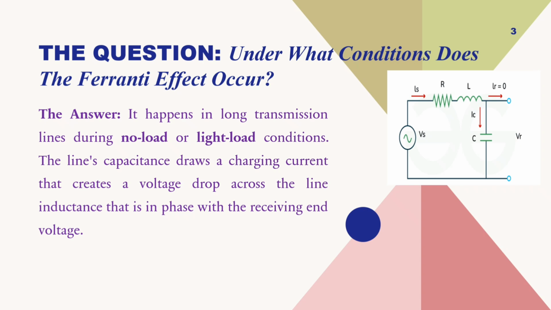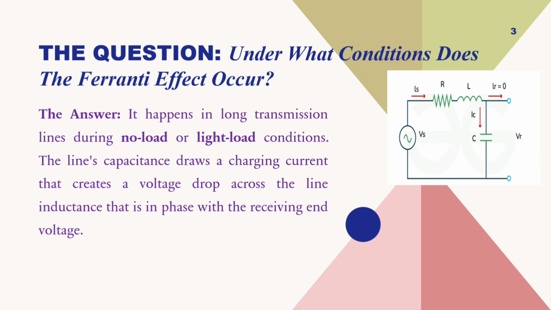So this is the basic circuit for the explanation of Ferranti effect. Here we have the sending end voltage source represented as Vs and the sending end current Is. Then the transmission line impedances are marked as the resistance and inductance of the circuit.